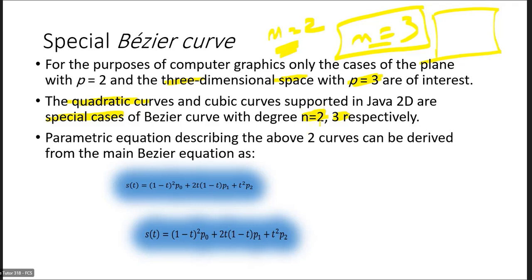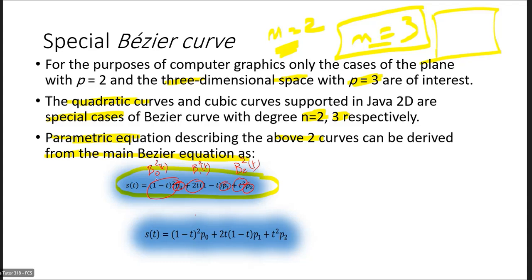Now, what is the parametric equation? The parametric equation describing the above 2 curves can be derived from the main Bezier equation. So here we'll have the equation of the Bezier. You can see here that you have 3 points, P0, P1, and P2. And these terms are B0,2 of t, B1,2 of t, and B2,2 of t.